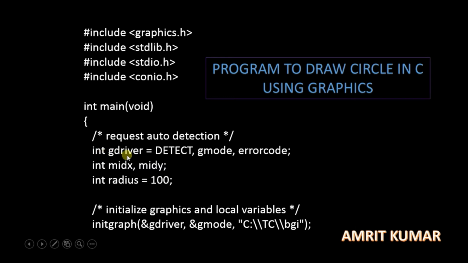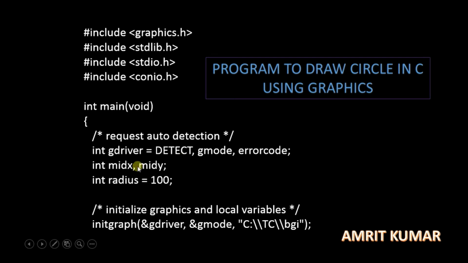The request for auto detection is the process that requests the error codes, graphics modes, and detection. So I am initializing gdriver equal to DETECT. DETECT should be in capital letters, followed by gmode and errorcode of integer data type. gmode is a variable of integer data type, errorcode is a variable of integer data type, and gdriver is also an integer variable containing DETECT.